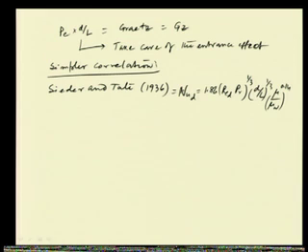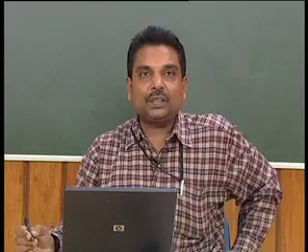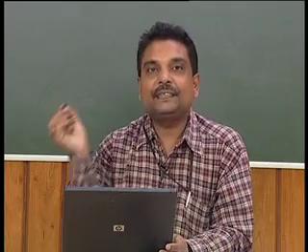This we can also write as 1.86, and already we have seen Reynolds into Prandtl is Peclet, and into D by L is called the Graetz number. So, we can write it as Gz to the power 1/3 into mu by mu_W to the power 0.14. Here mu and mu_W are both viscosities of the fluid at different temperatures.